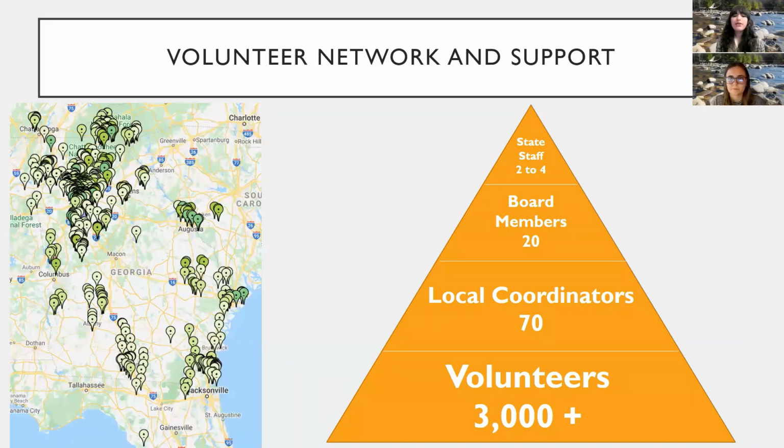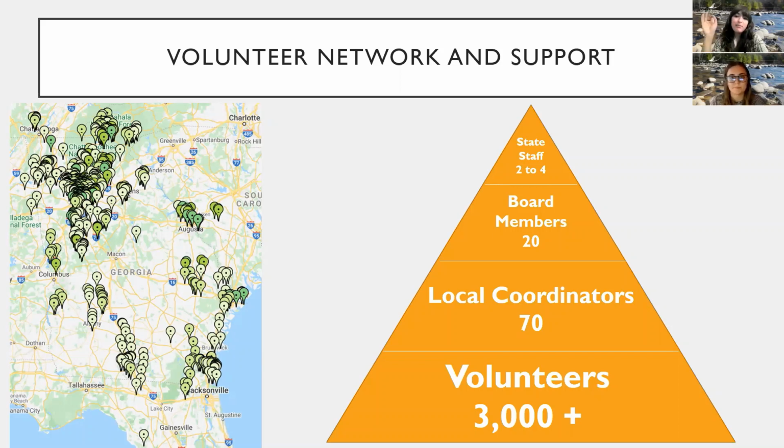These coordinators are trained by the state staff and provide many of the workshop opportunities that are being offered right now. And then going up one more level, we have an advisory board that guides the program to be the most effective and meaningful for the citizen scientists that we engage with.